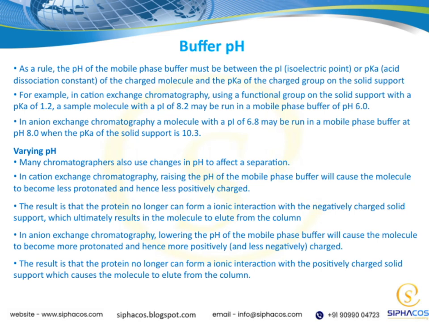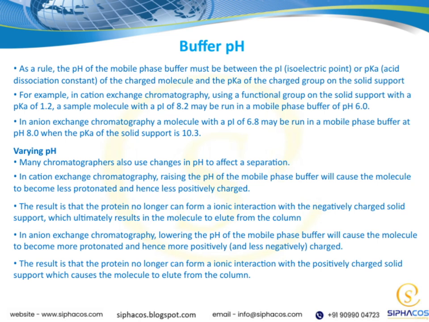Adjusting the pH of the mobile phase can alter the charge on the molecules. For instance, in cation exchange chromatography, increasing the pH causes the molecules to become less protonated and less positively charged. As a result, these molecules can no longer form ionic interactions with the negatively charged solid support, leading to their elution from the column.